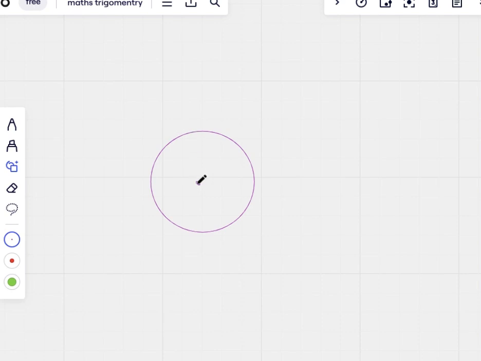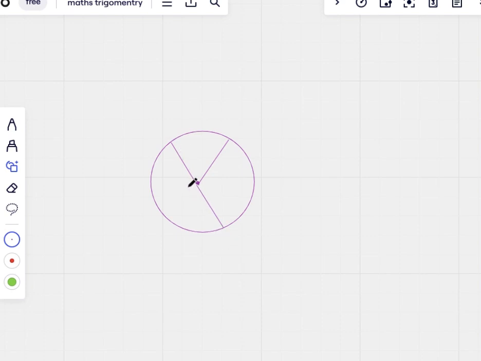Let's assume here is the center of the circle. If I draw a line from here to any part of the circumference, it's called the radius. If I draw another line, you get another radius. But if I continue this line, this will become a diameter.